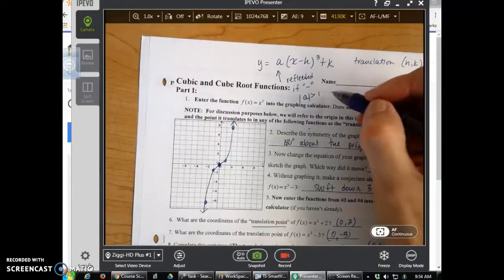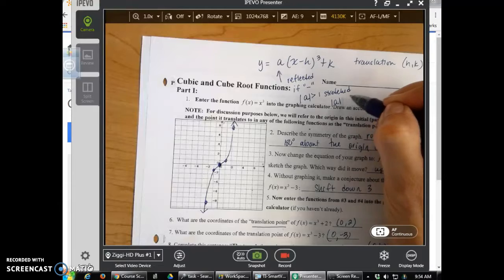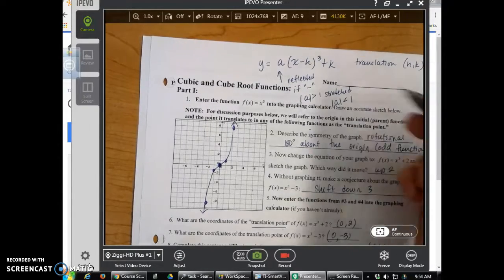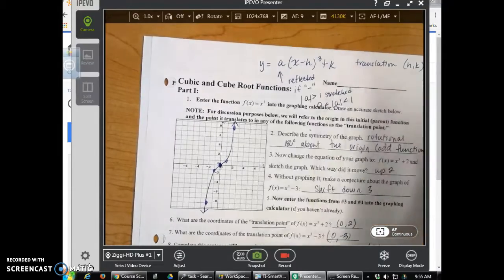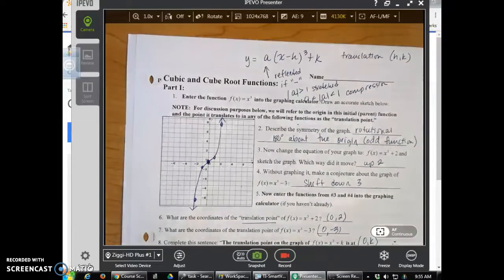So absolute value of a greater than 1 means it's stretched. And then an absolute value of a less than 1, basically between 0 and 1, is going to be a compression. And like I said, we're going to do some of that.